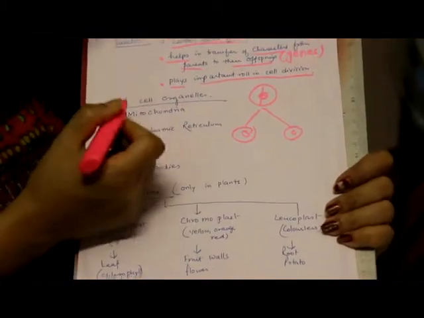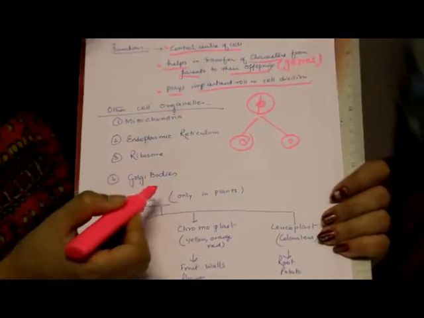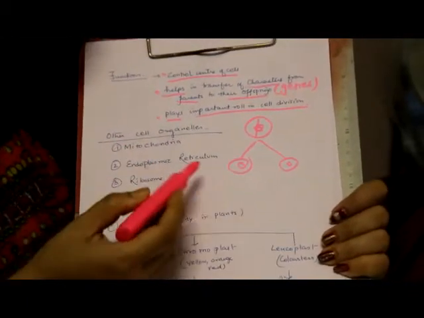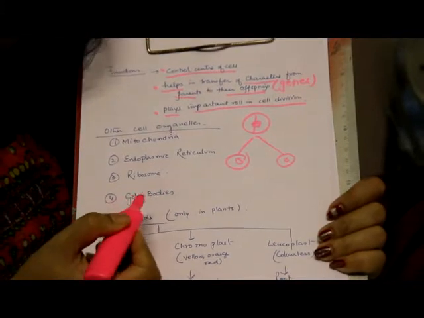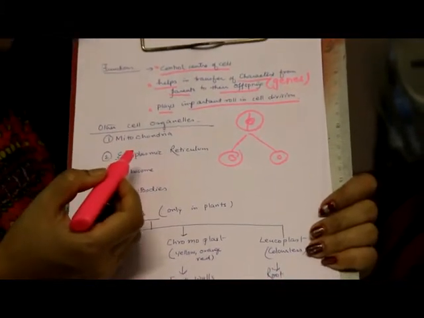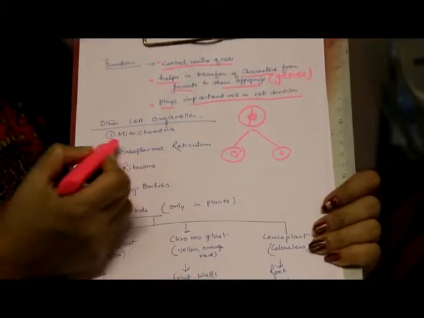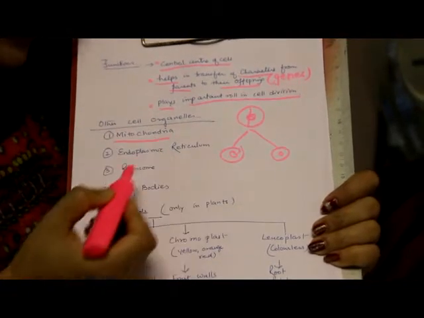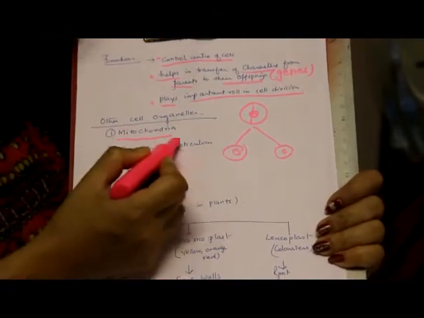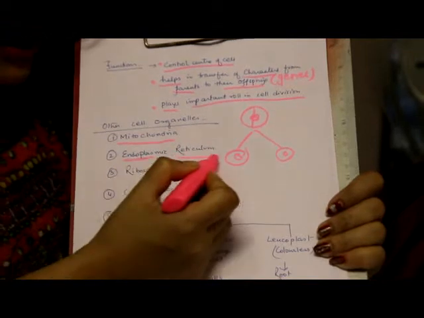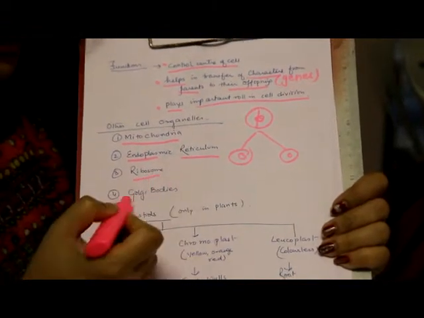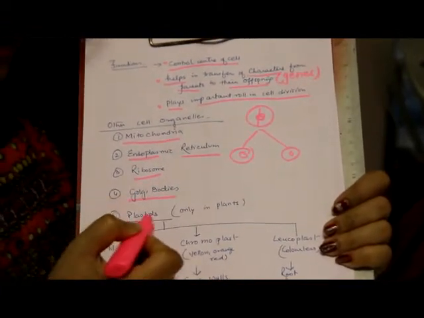So we have already covered three different parts of the cell, but there are not only three parts of the cell. There are other cell organelles which are found floating in the cytoplasm, among which you need to know only the names now: mitochondria, endoplasmic reticulum, ribosome, Golgi bodies and plastids.